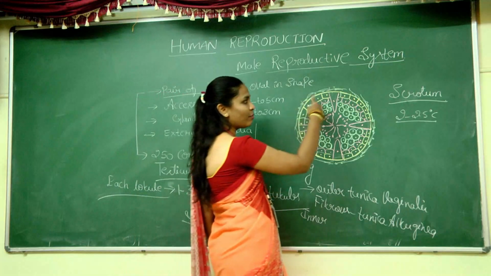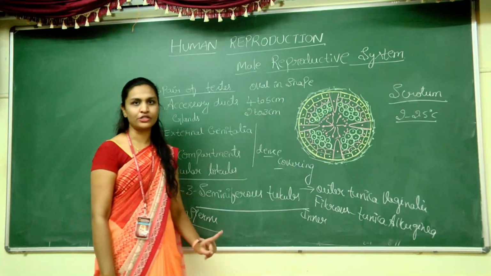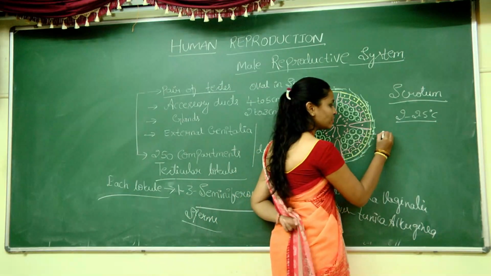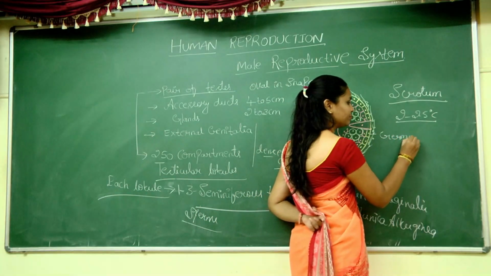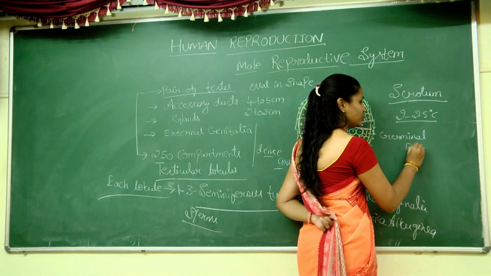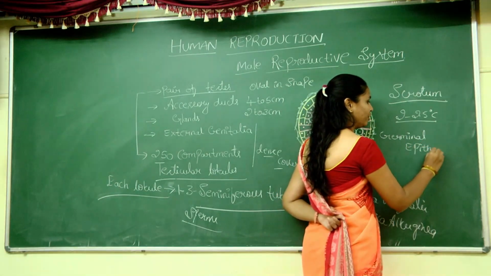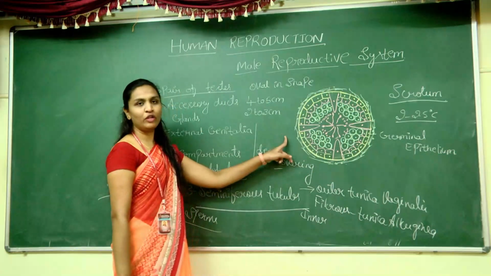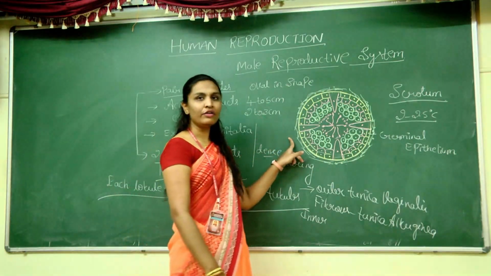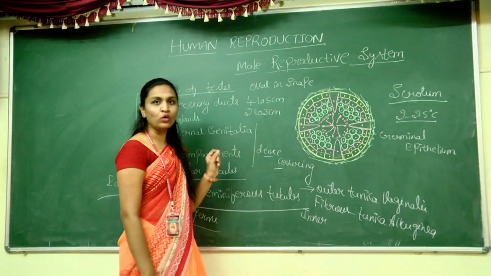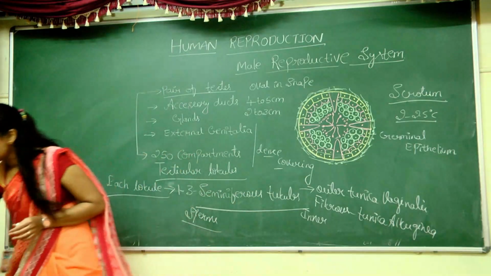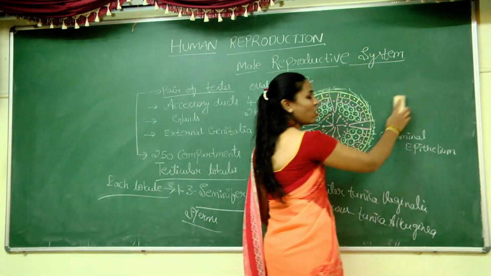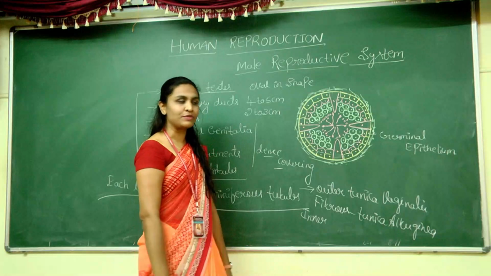See, this is the diagram of one seminiferous tubule. The seminiferous tubule is lined with germinal epithelium, and it is lined on its inside by two types of cells.